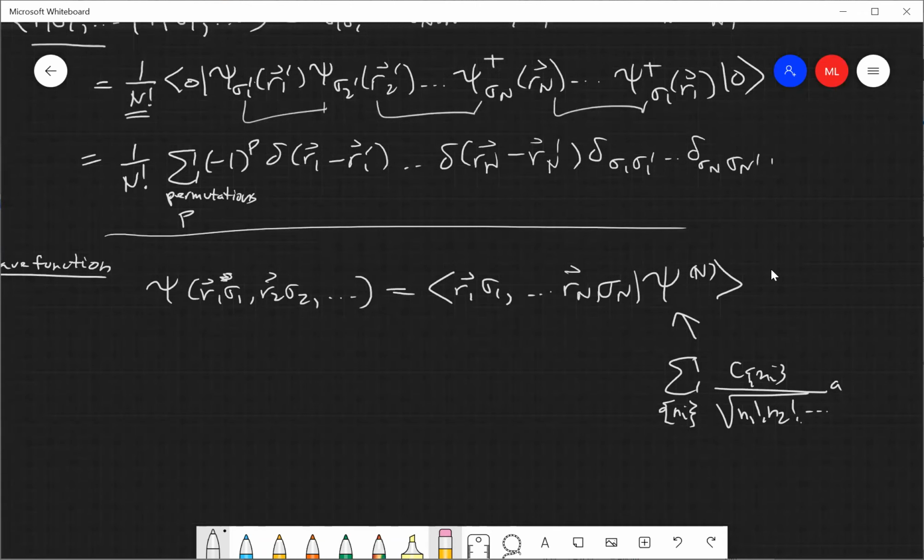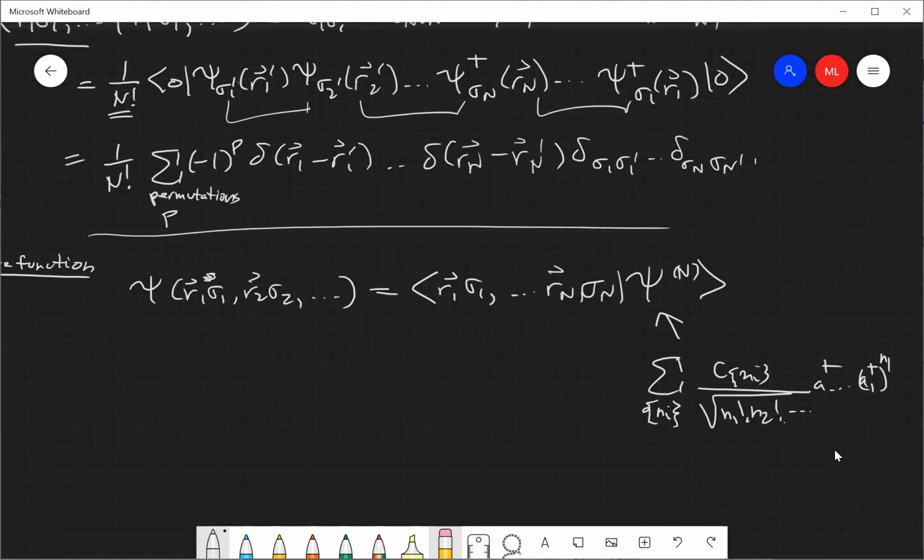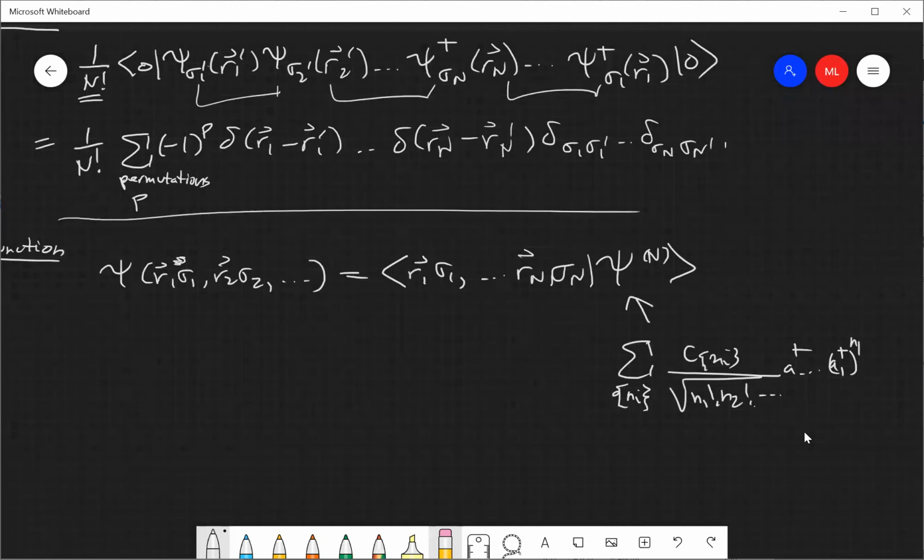And these could be a bunch of the creation operators for all the different states that we have. So I'm going to do an example to make it more concrete and show you how it works. And this is acting on the vacuum. So this creates a particular multi-particle state with different linear combinations, say, of different occupation numbers.